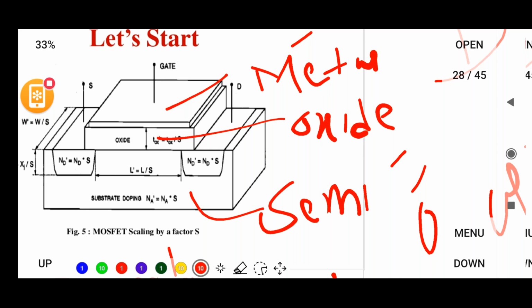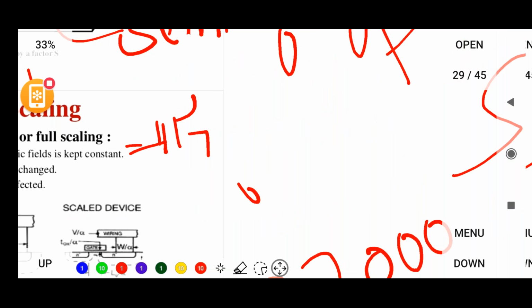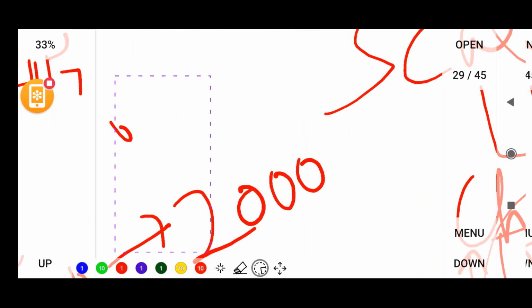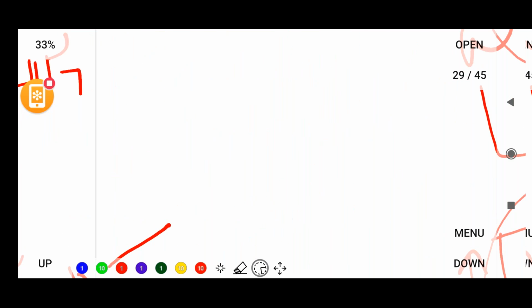Suppose this is the L, and one more parameter is W. L is the channel length, and W is the width.